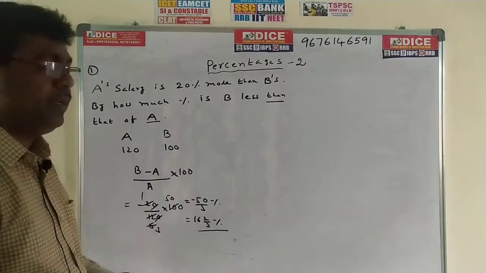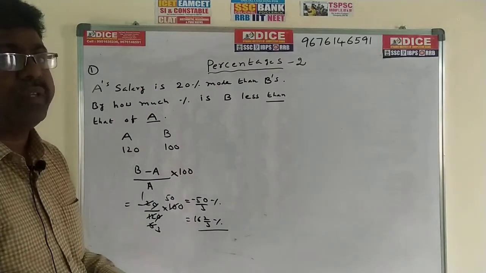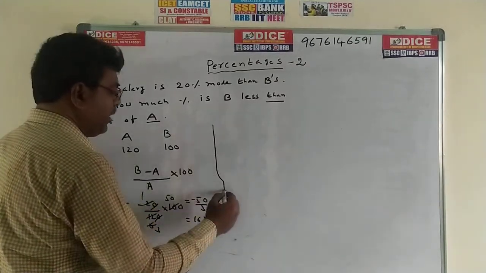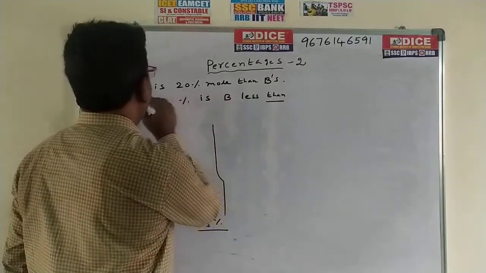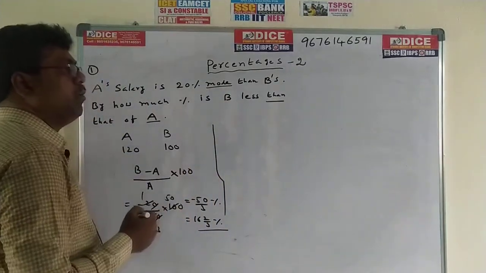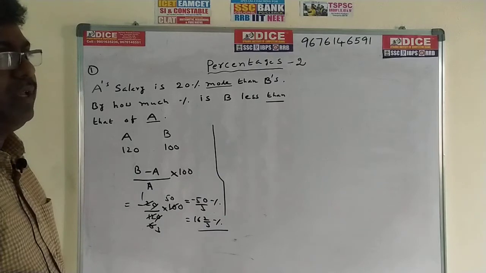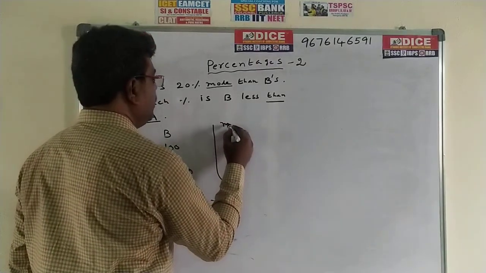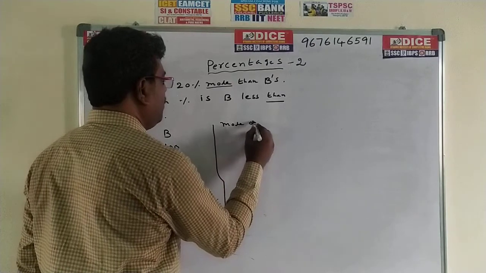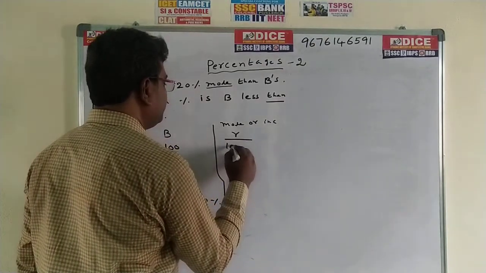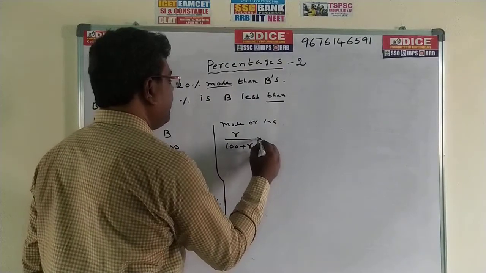This is one method. If you want to go for the shortcut, in the first line observe the "more or less." If in the first line the value is more or increase, use the formula R by (100 plus R) into 100%.